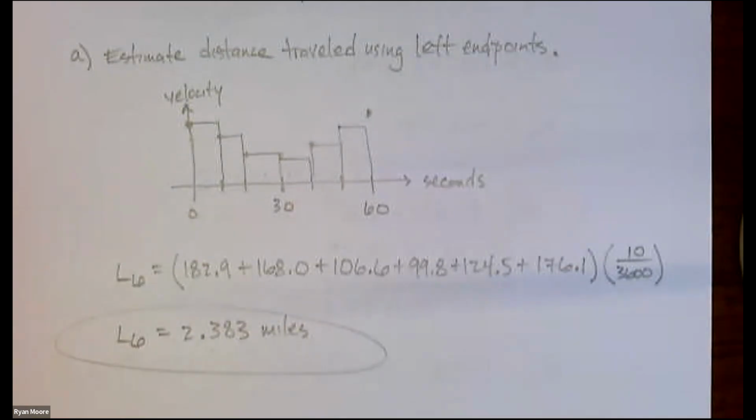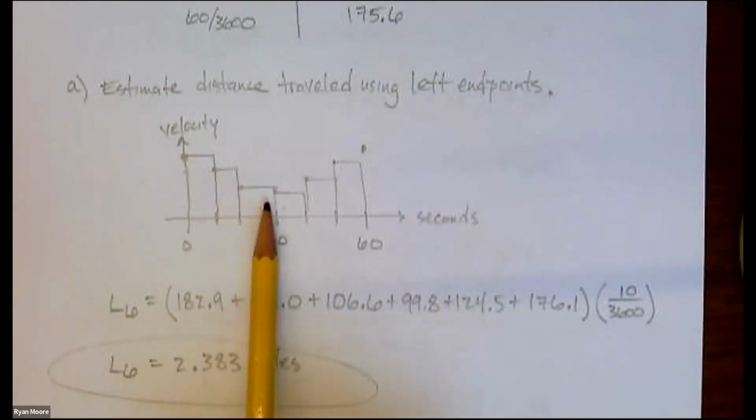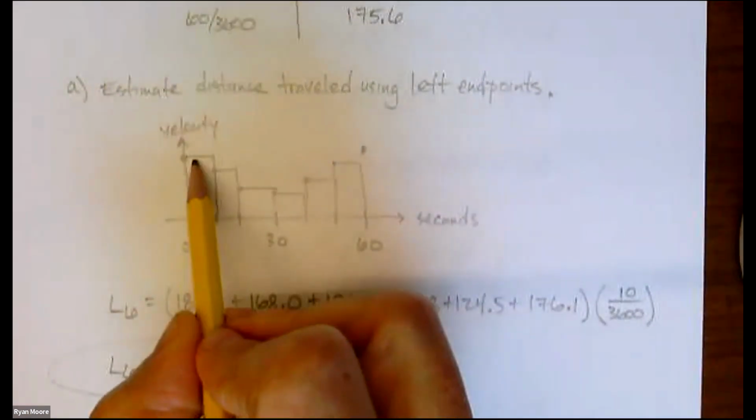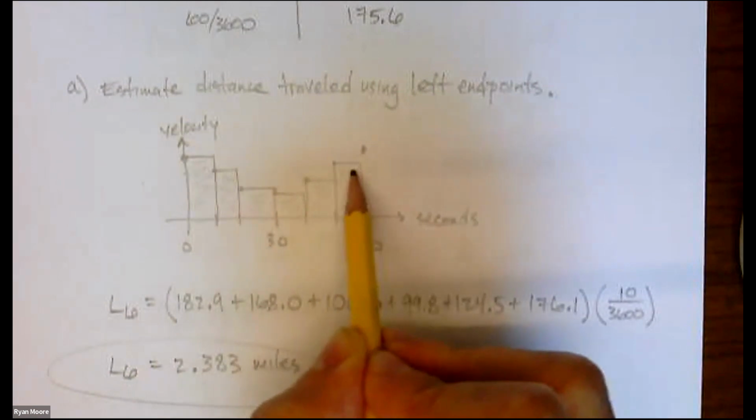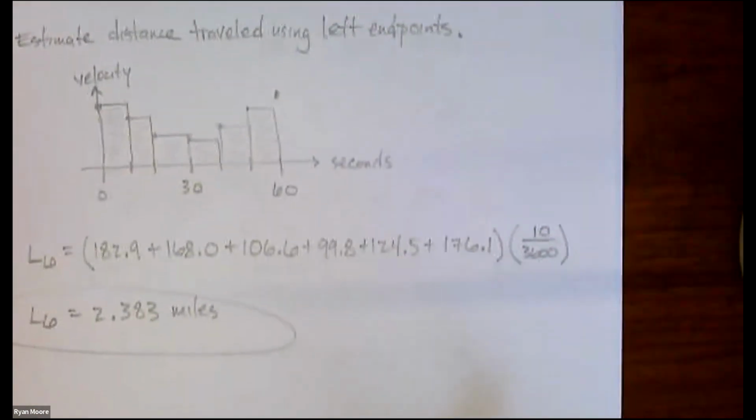That's pretty good. But a more interesting question is, why is it that when we add up these areas, each one of these areas represents a distance? Why does it represent miles? Oh, check this out.